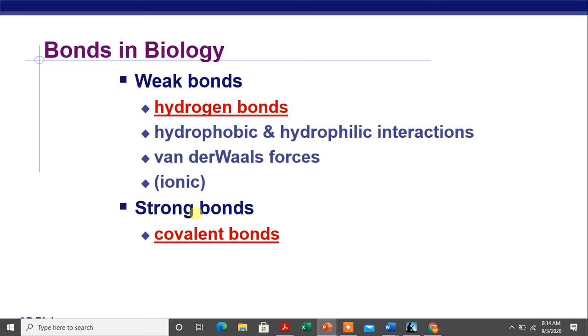So chemical bonds are really important in biology, and it's going to be very important here in this first unit on biochemistry, or the chemistry of life. So there are several different types of weak bonds. Hydrogen bonds, which I put in bold and red underlined because it's going to be extremely important.